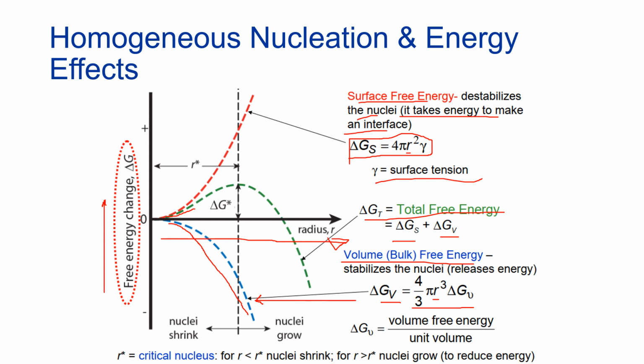It is ΔGT. We have already discussed this one. If we look at the middle, we can see ΔG*, and we see the peak of the energy. The energy increases from 0 to the peak, to the critical. We call it the critical radius r*, and at this critical radius we get the critical total energy.